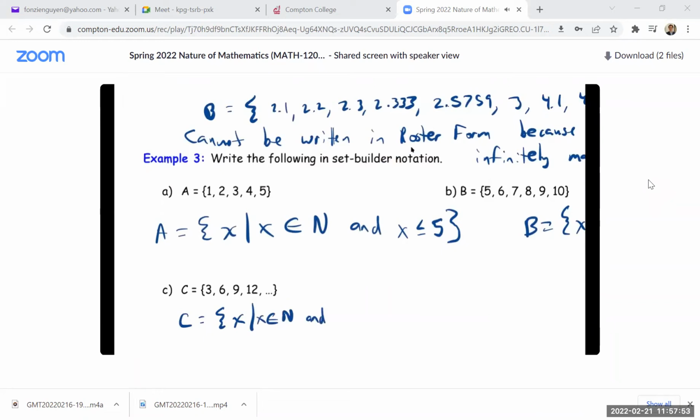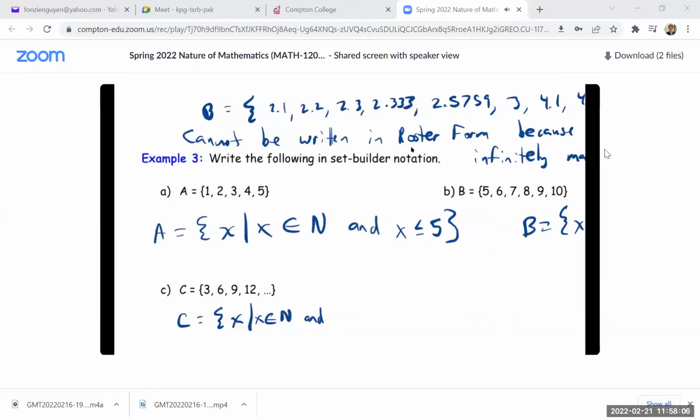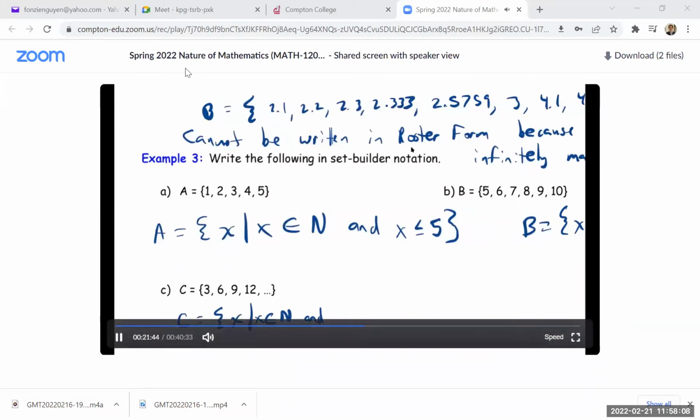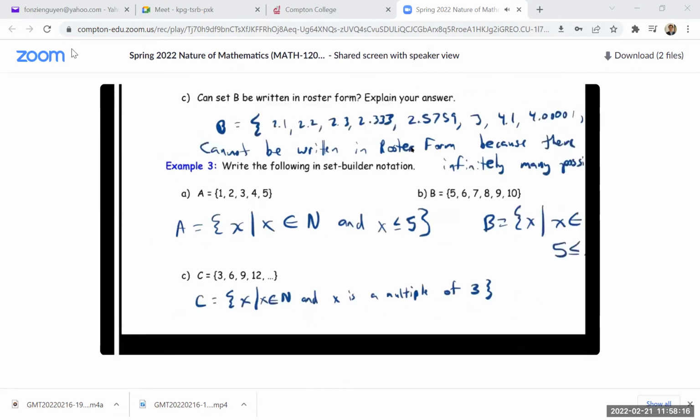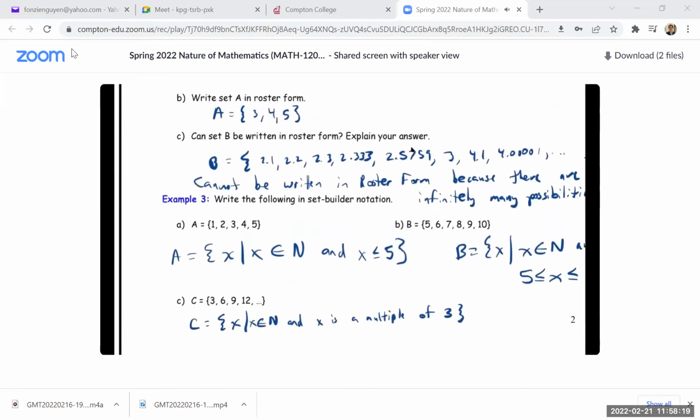What are they multiples of? Threes. Yes, 3, 6, 9, 12 are all multiples of 3. So I'll just say, and x is a multiple of 3. That's it. So that's set builder notation.